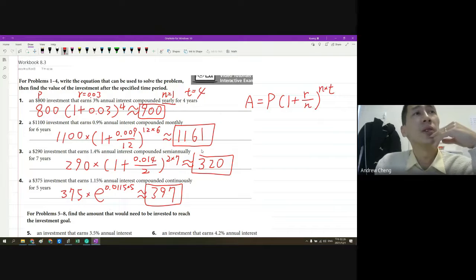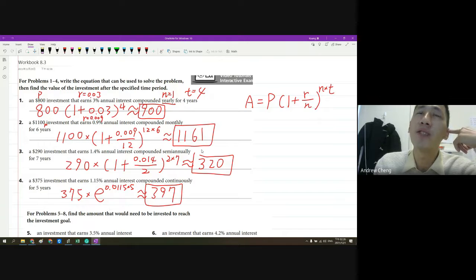So question number two, this will be your P, 1100, right? And then R, the annual interest, 0.9%. You divide by 100 to get the decimal form, which is R equals 0.009. This is your R. Okay, and then compound monthly.